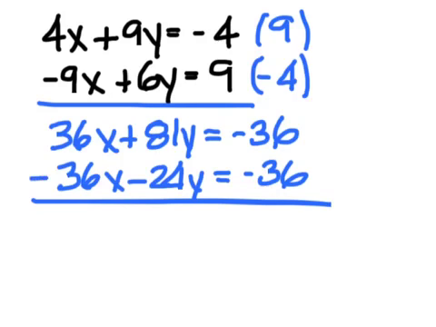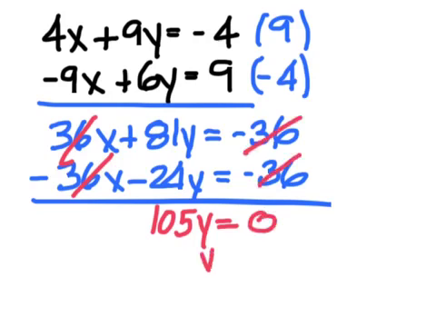So when we subtract, these cancel out, and I'm left with 81 minus a -24, which is going to be 105y. But when I subtract these out here, they cancel and become a 0. So 0 divided by 105 is simply 0.